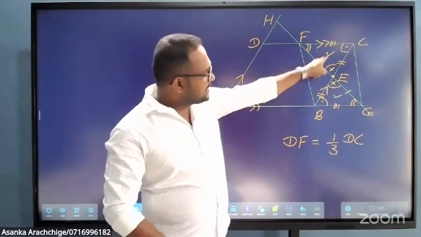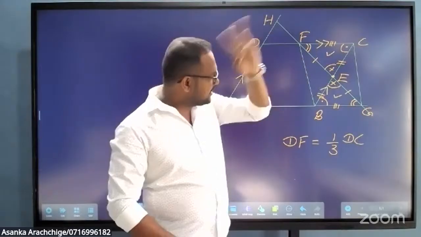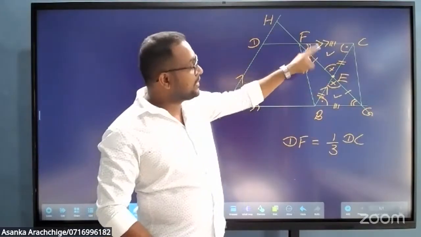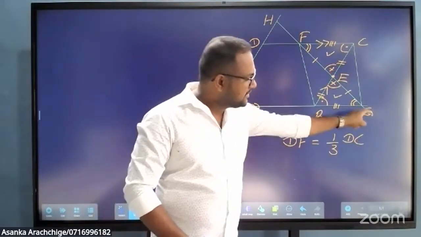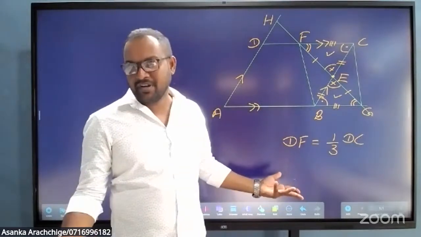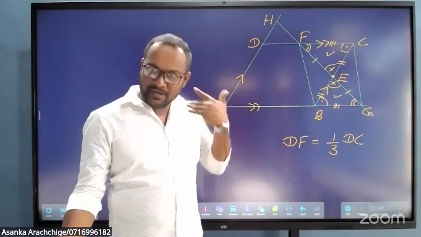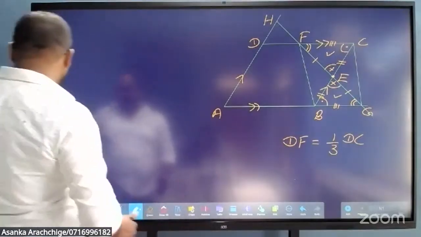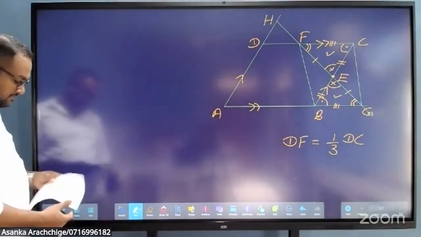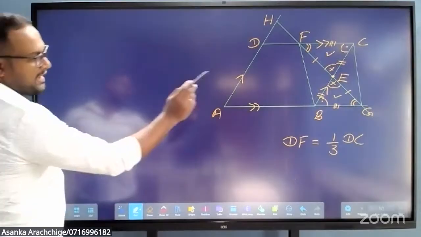And since these two triangles are congruent, you can say that FE is equal to EG, corresponding elements of congruent triangles. Now you can write like this.